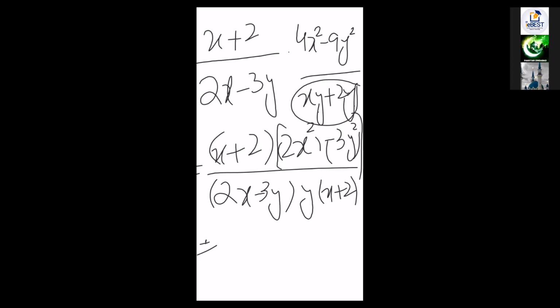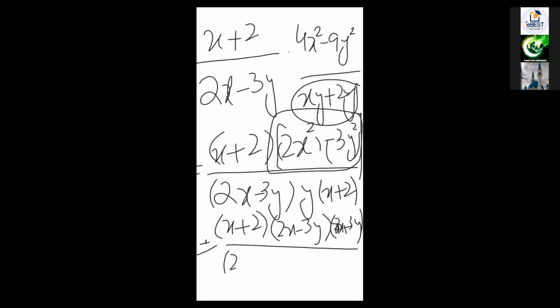Now we're gonna proceed to the next step, which is what? We need to solve this second expression one time negative and one time positive. So we're gonna write x plus 2, and then 2x minus 3y, 2x plus 3y, divided by 2x minus 3y and y into x plus 2.